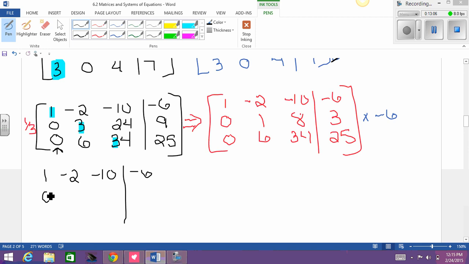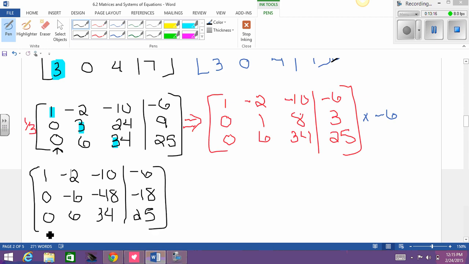Second row, we're multiplying through by -6. Third row doesn't change. Remember, the row we mess with reverts back after we do what we need to do next, okay? So then it looks like I want to add these two.